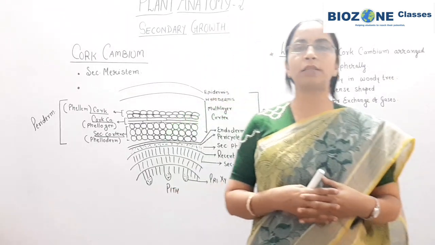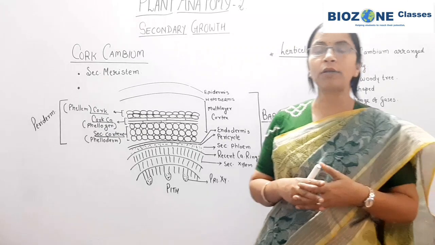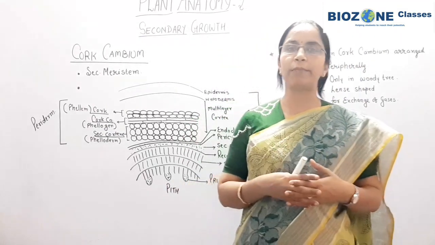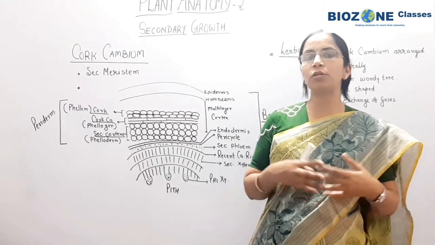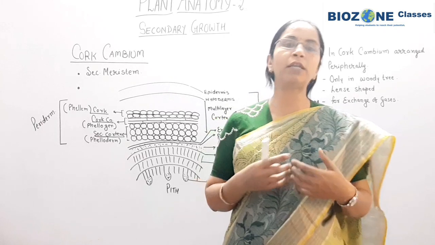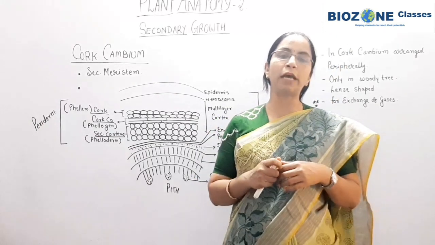After that, you study how secondary growth takes place in dicot roots. Basically in roots, generally monocot roots are fibrous and cambium is absent, so monocot roots do not show secondary growth. Whenever we study secondary growth in roots, we basically study dicot roots.